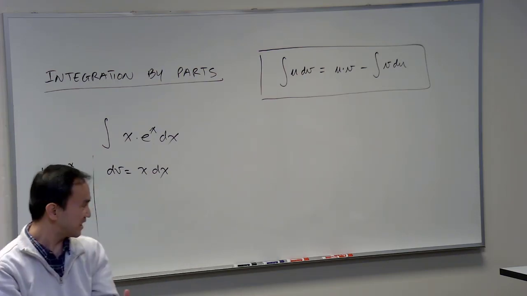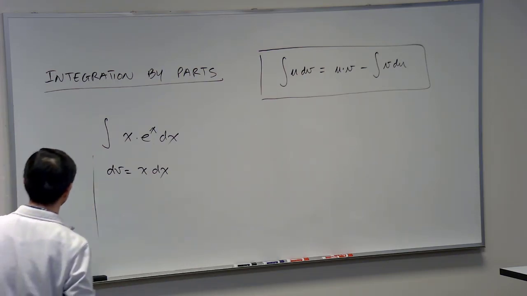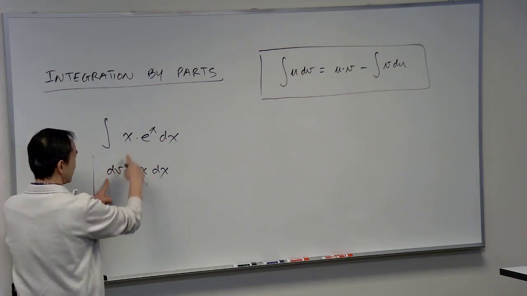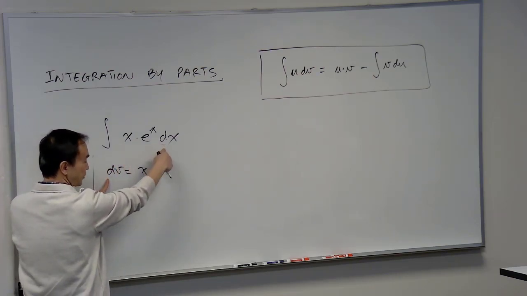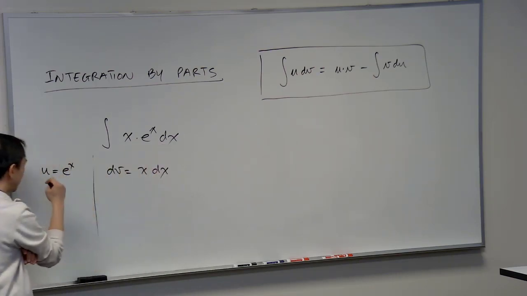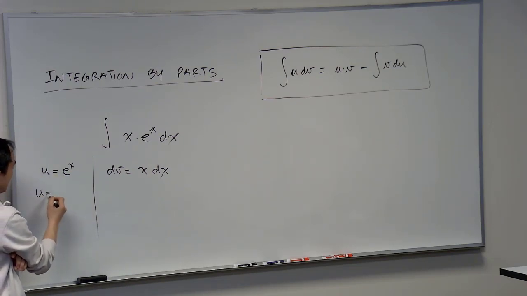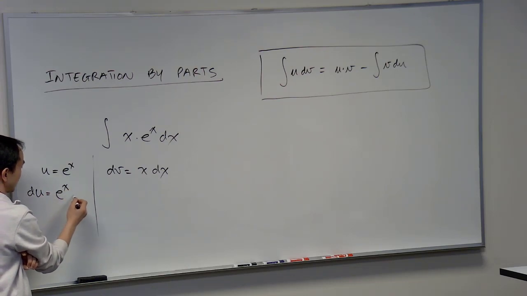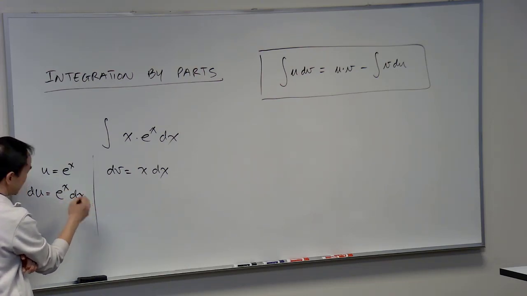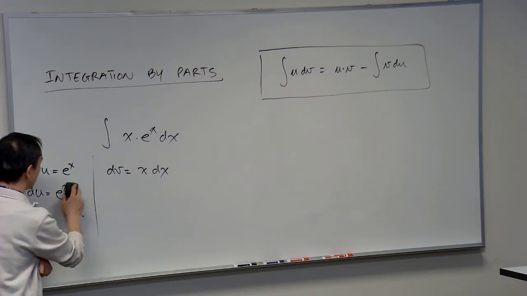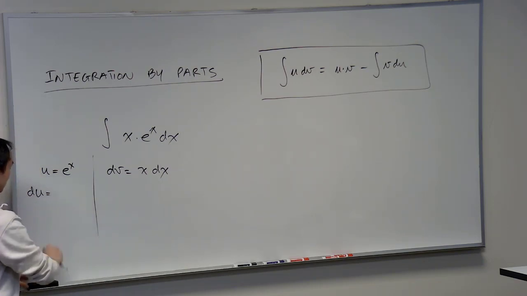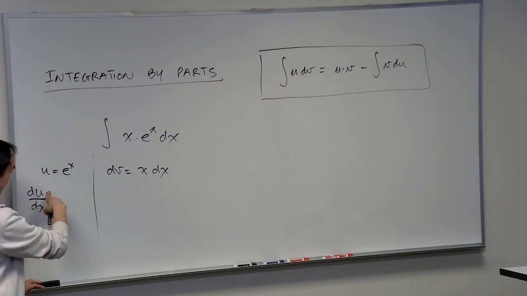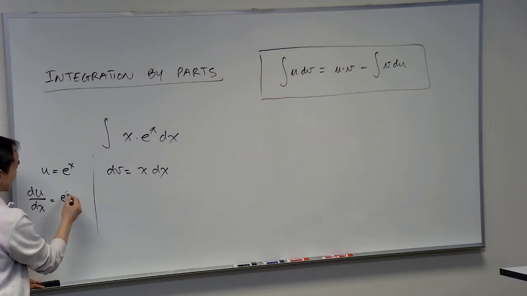Once we have picked and isolated out our u function, then everything else in the product, including the differential, will become dv. And in that way, our u here, taking the derivative, du will become e to the x times the differential dx. Because du/dx really was, in a more step-by-step setting, equal to e to the x.